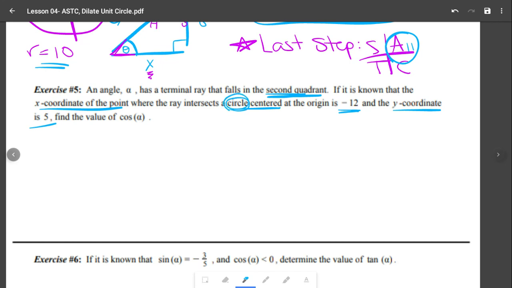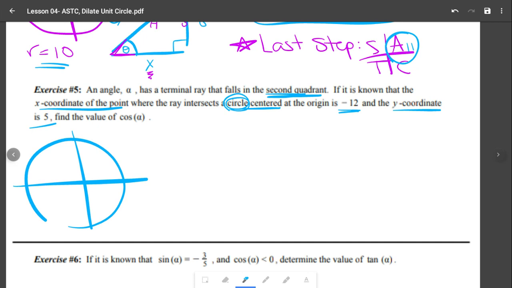Now, another thing to point out again, we're talking about a circle, but not a unit circle. So unfortunately, I cannot use the fact that x is cosine and y is sine. So I'm going to go back to a picture again like I did in the last one. This time, it says that our terminal ray is in the second quadrant.